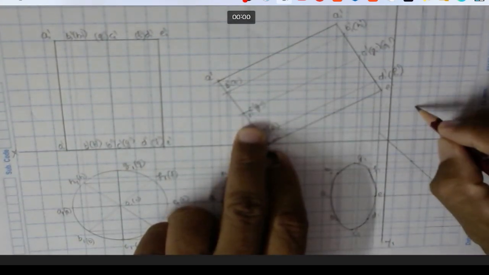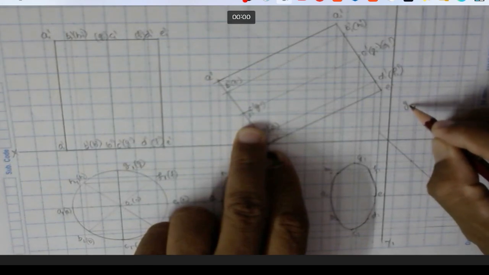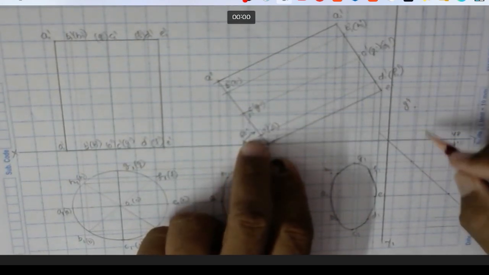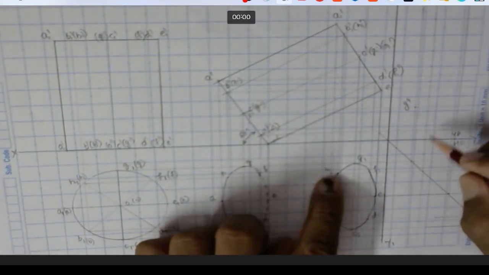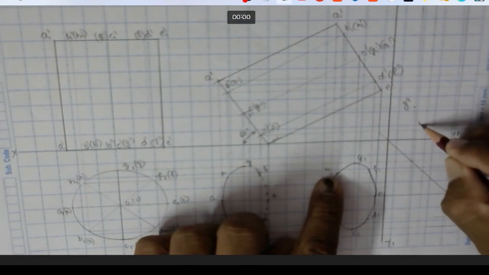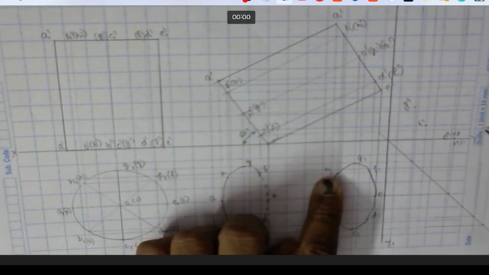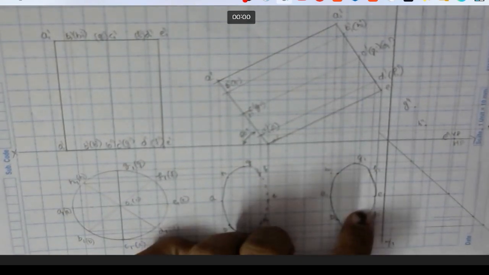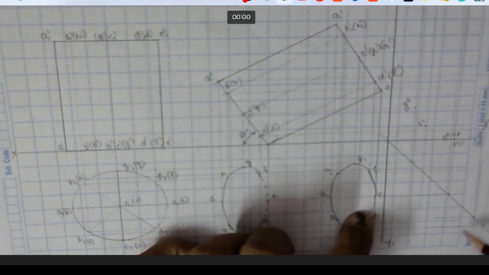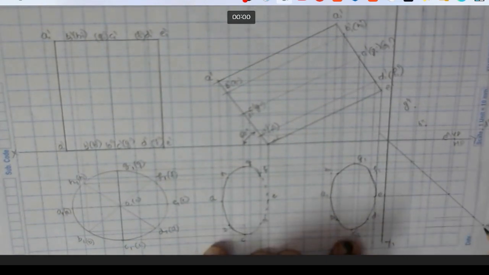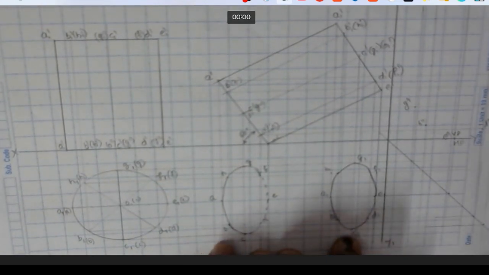So now let us go for first. It is a G double dash. Okay. Next, this one is related to H double dash. So here it is related to E double dash. So again it is a D double dash, and this line refers to C. You got a C double dash here.